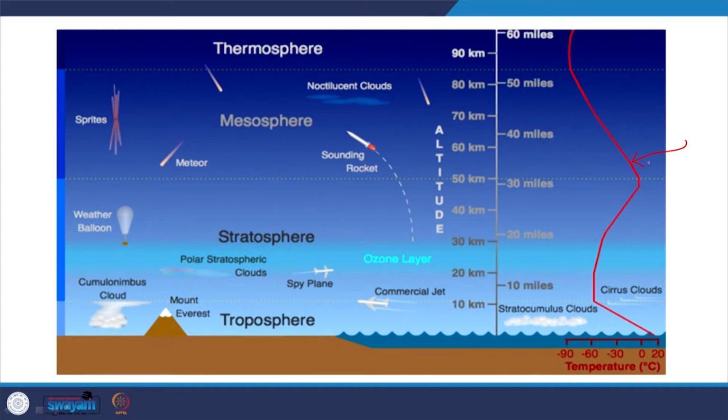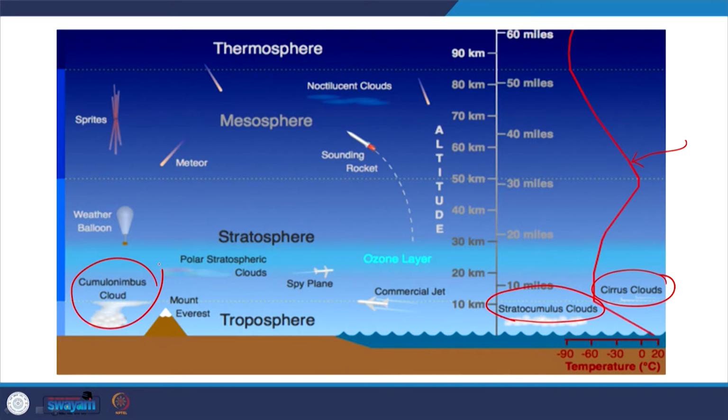We have discussed this. Now in this figure you see several different types of clouds: stratocumulus, cirrus, and cumulonimbus clouds. These are different types of clouds, and they generally develop at different altitudes in the atmosphere.